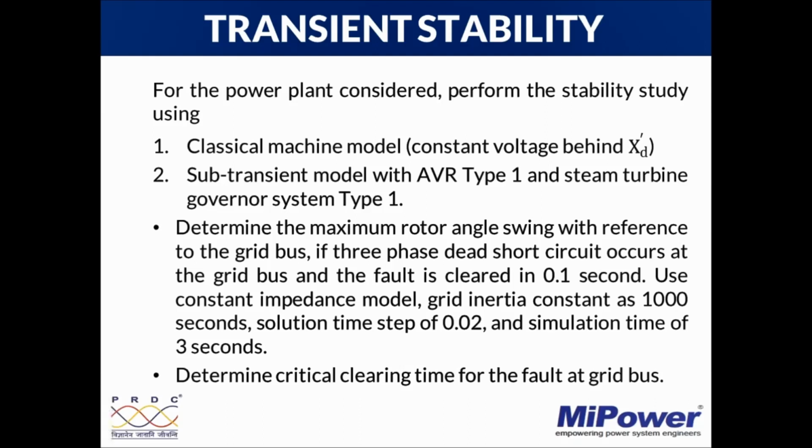Determine the maximum rotor angle swing with reference to the grid bus if a three-phase dead short circuit occurs at the grid bus and the fault is cleared in 0.1 second. Use constant impedance model, grid inertia constant as 1000 seconds, solution time step of 0.02 seconds and simulation time of 3 seconds. Also determine the critical clearing time for the faulted grid bus.